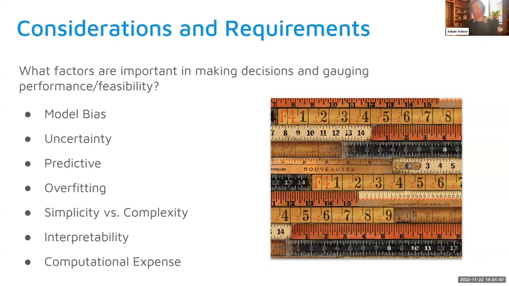An ideal case is a model that doesn't have significant sources of bias, a model that produces low uncertainty, a model that is predictive, a model that is not prone to large degrees of overfitting, a model that is simple instead of complex, a model that is interpretable, and a model finally that can be run with low computational expense. I think obviously some of these things are in some conflict with each other.